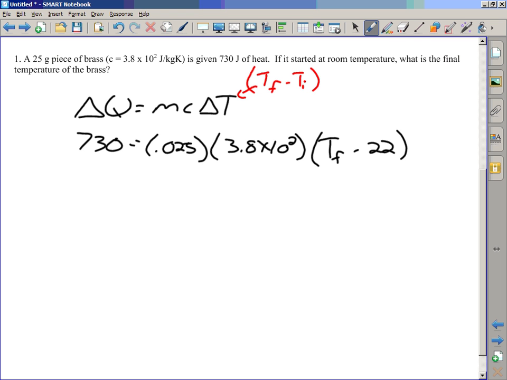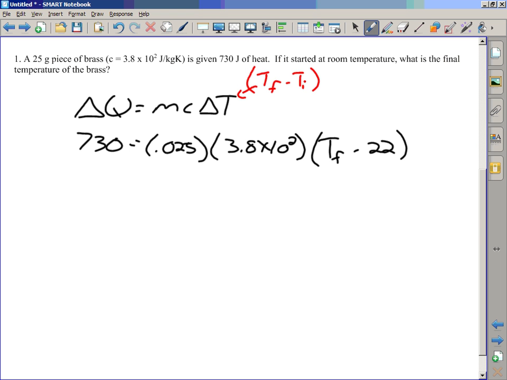And I'm going to get away with the trick that I just showed you. The change in Kelvin is the same thing as the change in degrees Celsius. I just plugged degrees Celsius into this equation, even though C was given to me in terms of Kelvin. I'm about to get away with it.